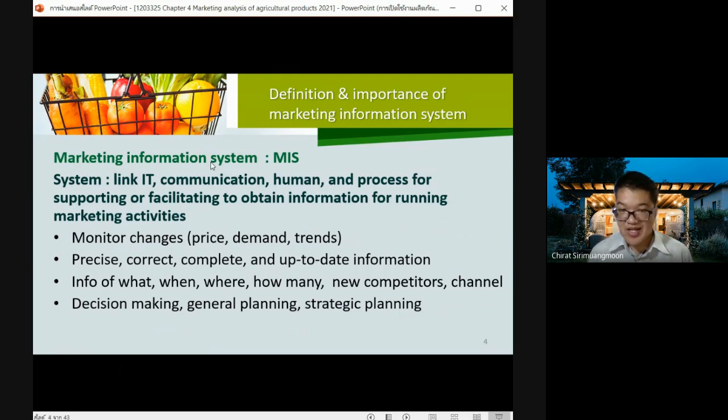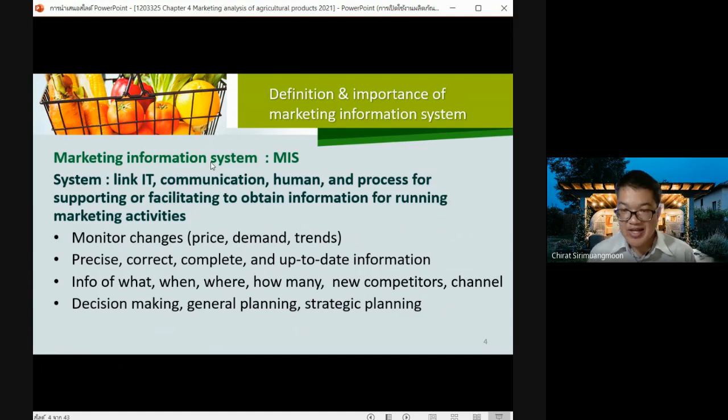We use MIS to support and facilitate obtaining information, so you can gain information to run your marketing activities. MIS is very important because it can link all parts together and you gain something useful for your business.